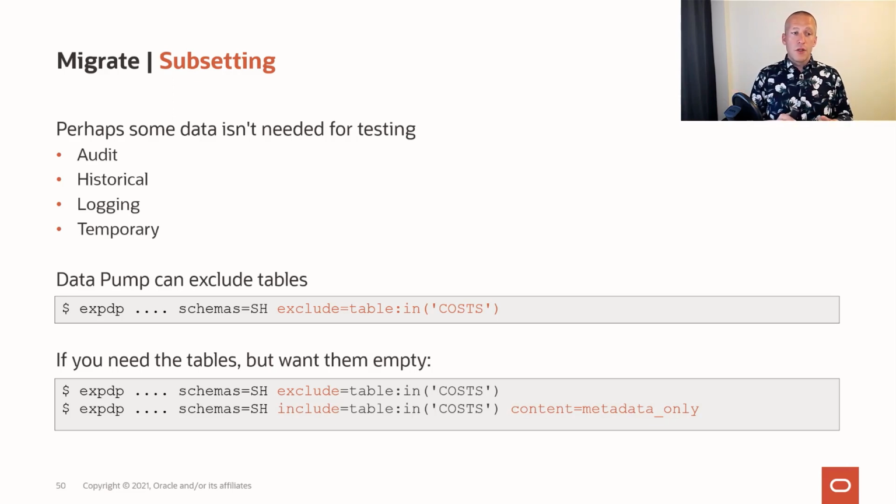A better approach is to exclude the tables first and then do another Data Pump run where you include only the tables that you excluded in the first run, but then you use content equals metadata only to export those tables as empty tables. So it's a two-step operation. First, you include all the tables where you also want the rows. And in the second run, you take only the tables that you want created as empty tables.